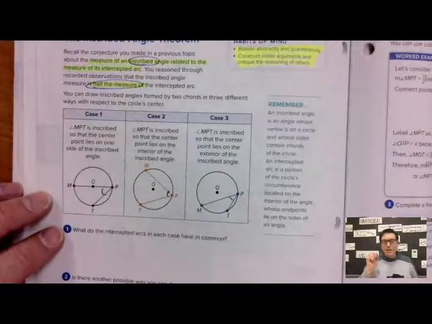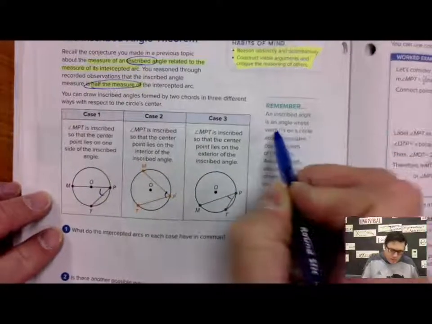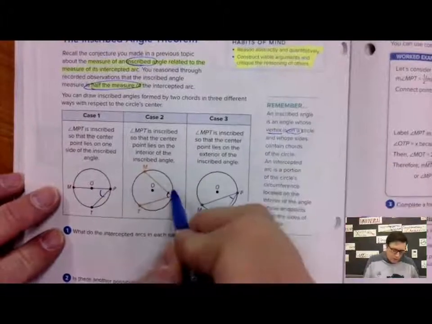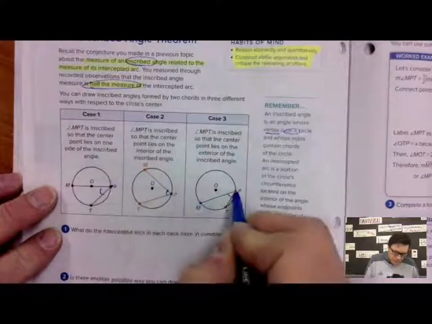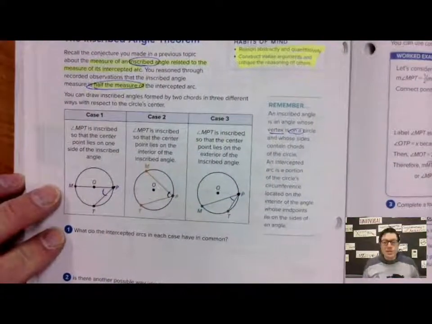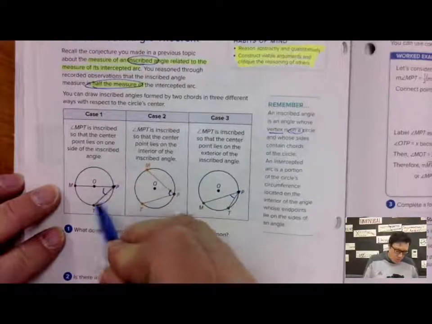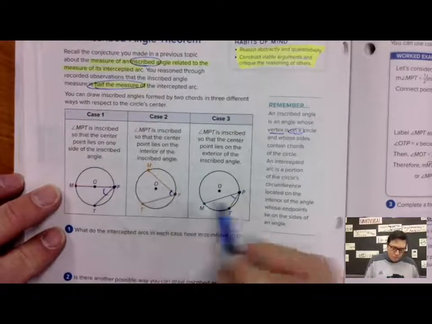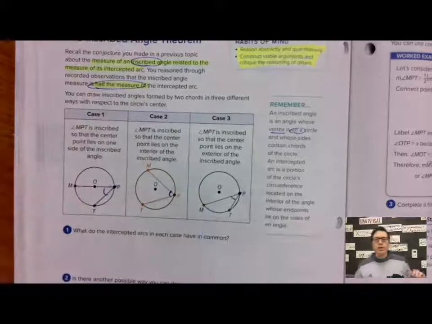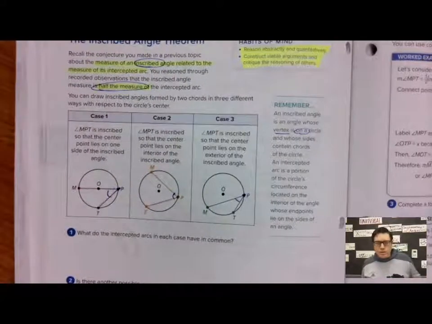Remember, an inscribed angle is an angle whose vertex is on a circle, like P, and whose sides contain chords. So a chord and a chord that touch the other edge of the circle.